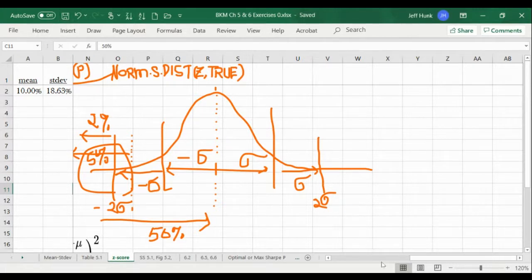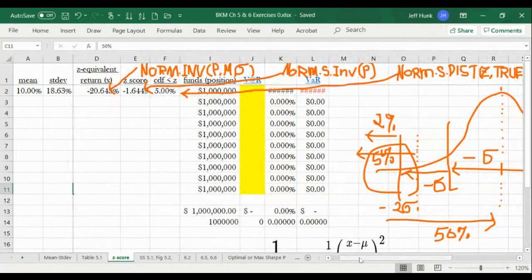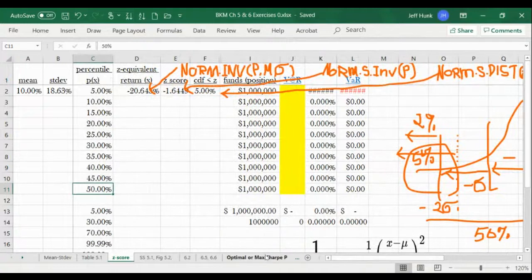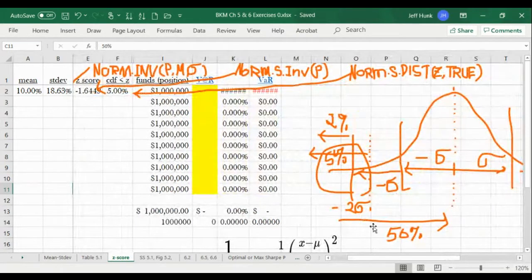So let's see what would be the returns up to that point. We can already tell, because if the cumulative probability is this 50%, then we are here, which is our mean, isn't it right?